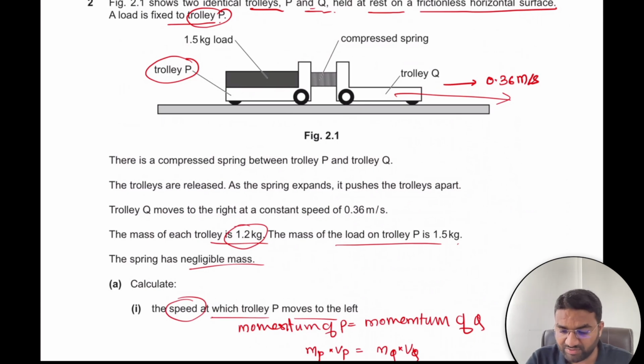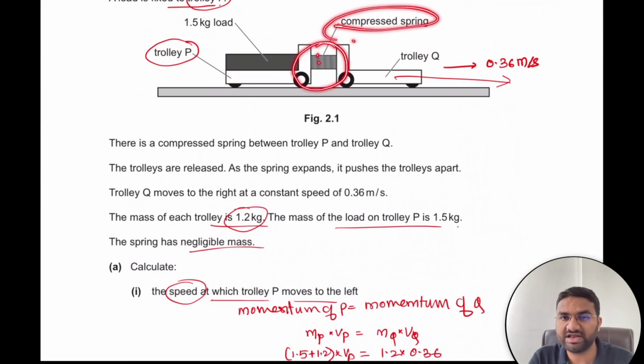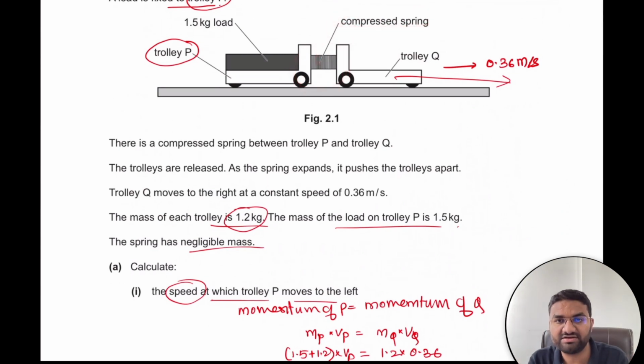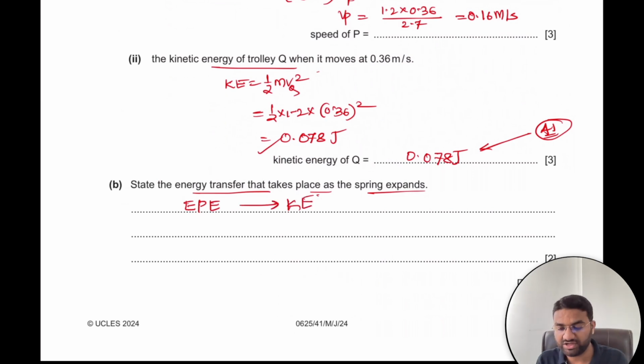Okay, so I will explain it again. As the spring is compressed, elastic potential energy is stored in the spring, and when it releases, this elastic potential energy is converted into kinetic energy. Fine. So EPE, elastic potential energy, is converted into kinetic energy. Fine. So that is what you have to write for 2 marks.